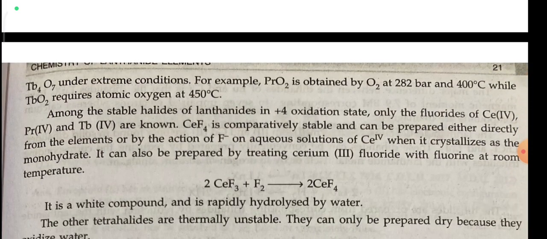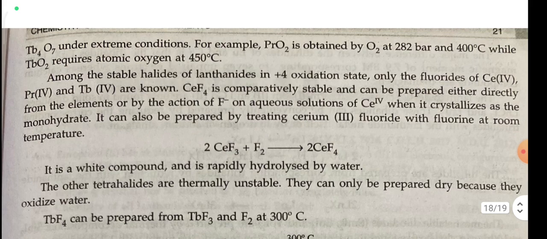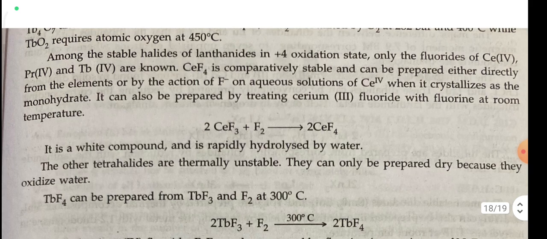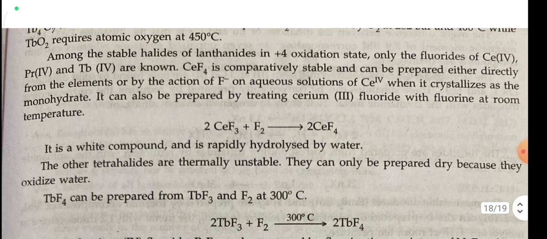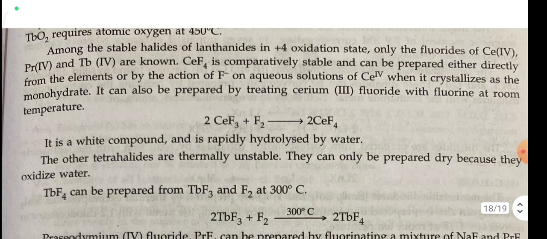Tb4O7 forms under extreme conditions, for example PrO2 is obtained by O2 at 282 bar and 400 degrees Celsius, while TbO2 requires atomic oxygen at 450 degrees Celsius. Among the stable halides of the lanthanides in +4 oxidation state, only fluorides of Ce4+, Pr4+ and Tb4+ are known.